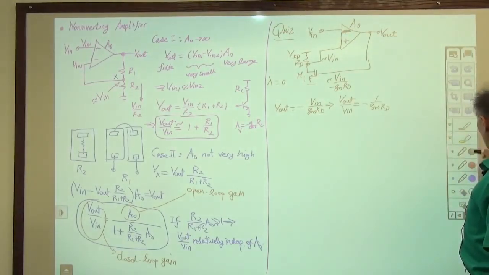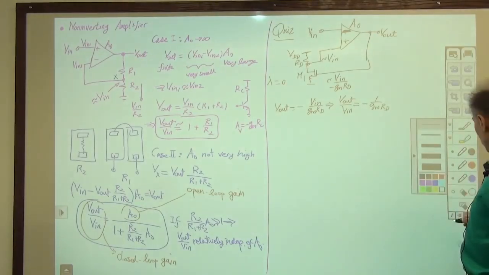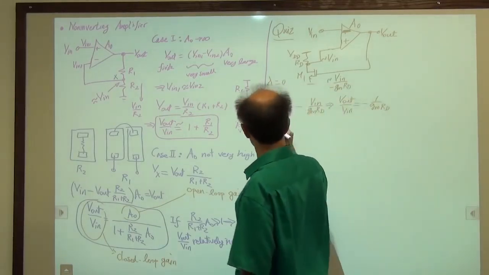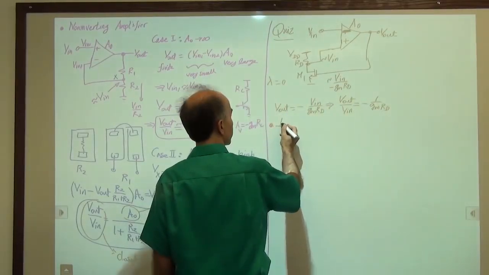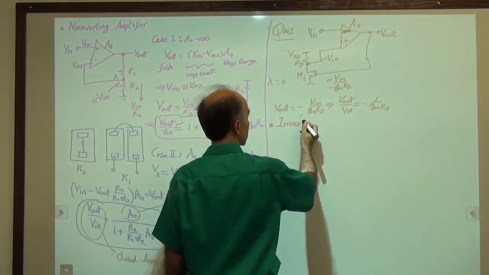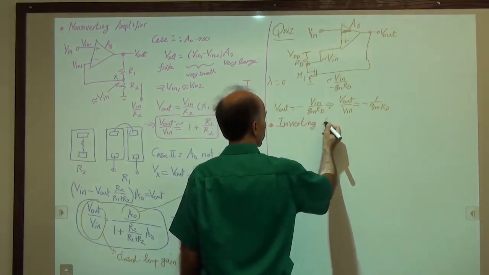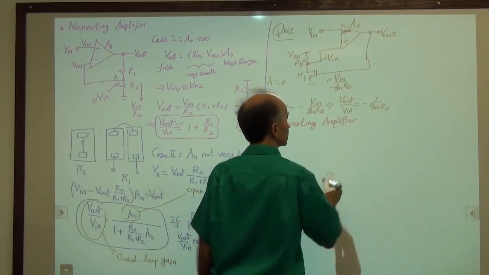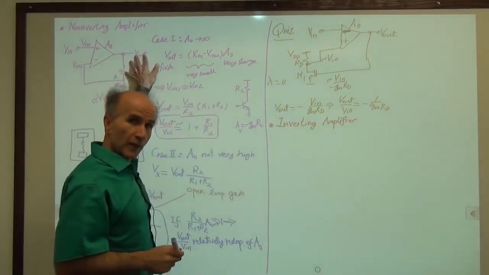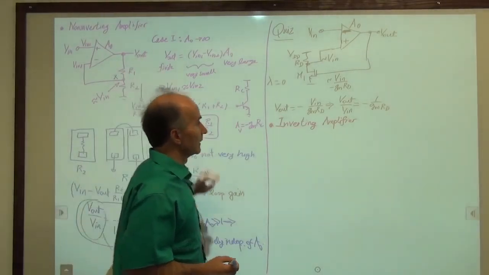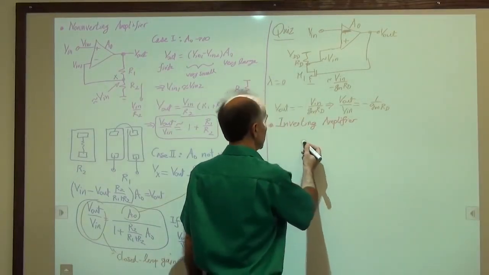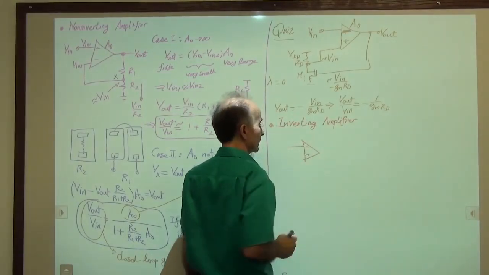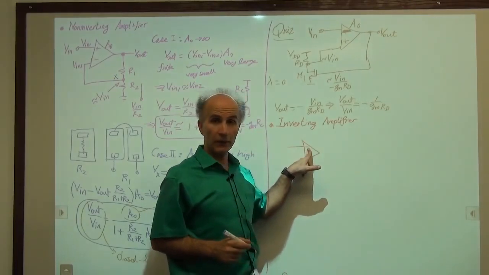Okay, we can now go on to another type of amplifier that also uses op-amps, and this amplifier is called the inverting amplifier. It's a little different from this one. It still uses an op-amp and two resistors. Okay, so in the inverting amplifier, we have an op-amp with two inputs. This time we draw the inverting input on top.